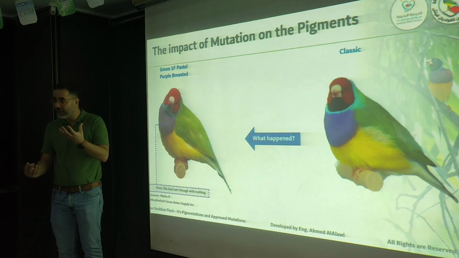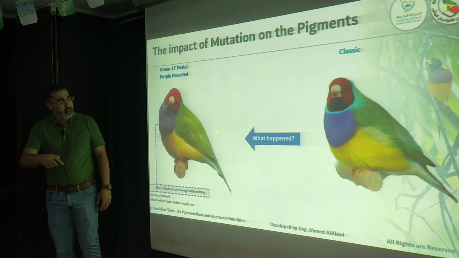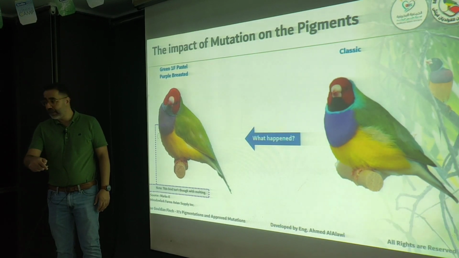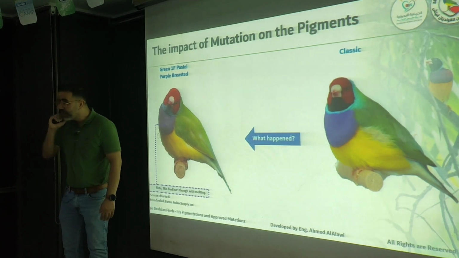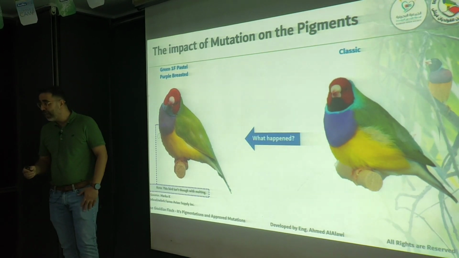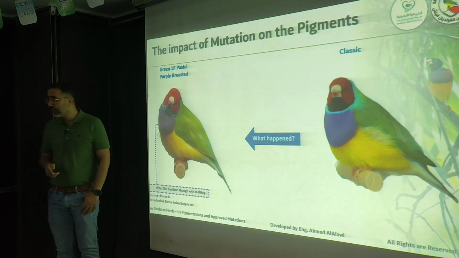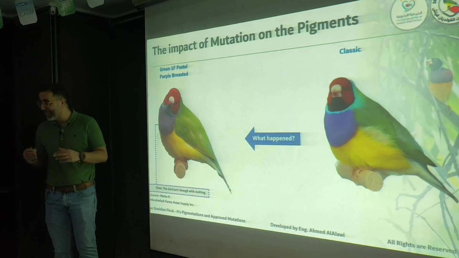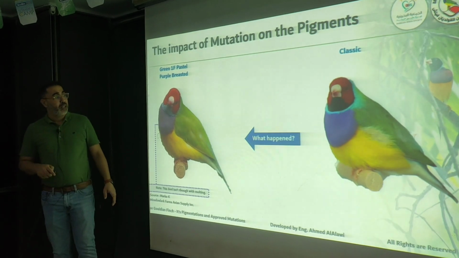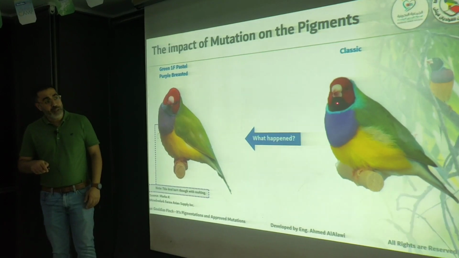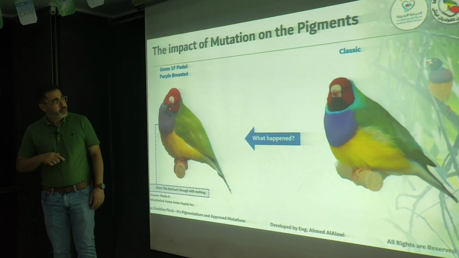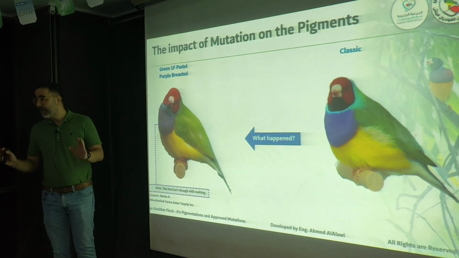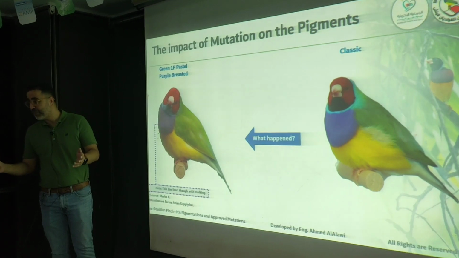It was diluted, exactly. So the back became dilute, right? Eumelanin, what happened to it? Yes. Okay, very good. We're getting there together. Very quickly, the black, what happened to it? Exactly. So let's say 50%.